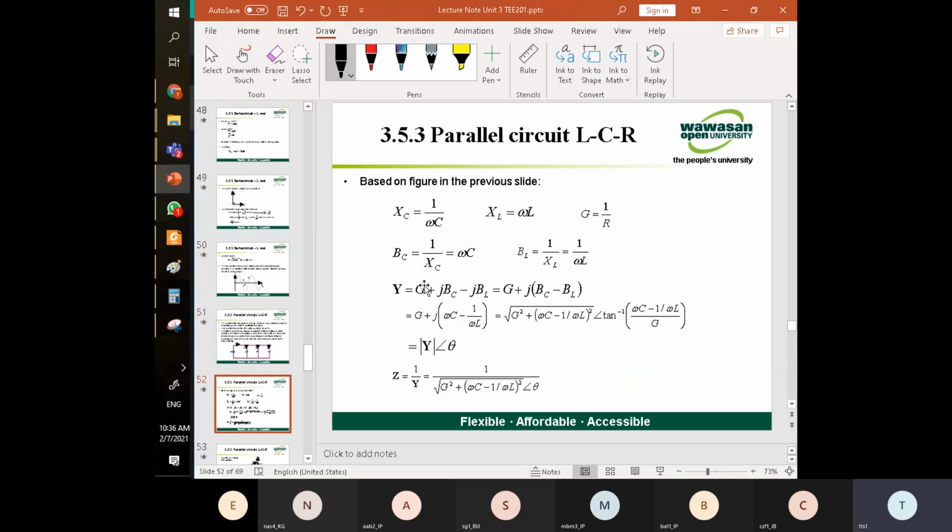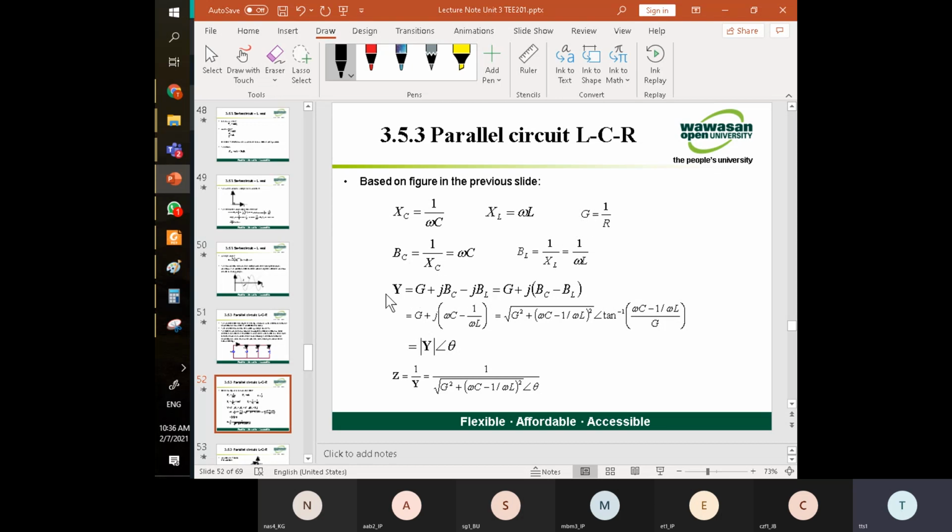You can see the reactance here for the capacitor is 1 over 2 pi f c. For the inductor it is 2 pi f times L. Then they introduce another variable called G. G is the reciprocal of R, 1 over R, because it's easier for them to write in another form here.